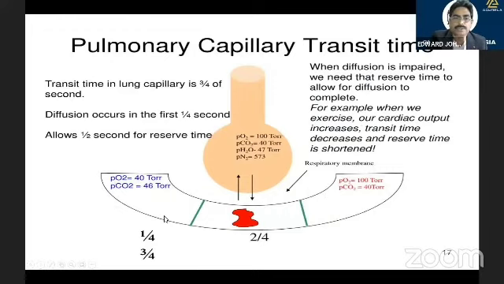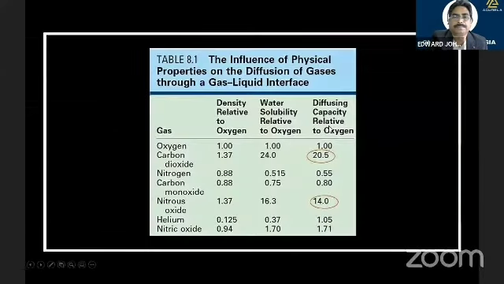So the reserve time is utilized for the diffusion. At that time, when the transit time is reduced, the uptake depends upon the solubility coefficient rather than the difference in the partial pressure. So that is the reserve capacity of the capillary transit time.